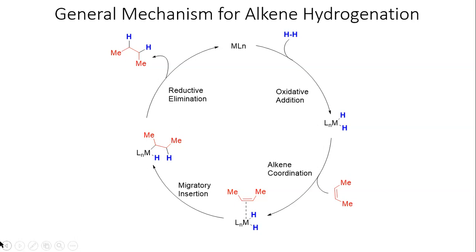It looks to me like it might be a steric argument. Okay. So what is the issue sterically? If this was a trans alkene, what do you think would be the issue? I mean, one of the main steps is actually having the alkene coordinate to the metal. So what do you think the issue is sterically?